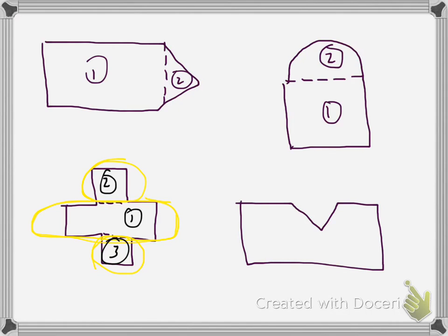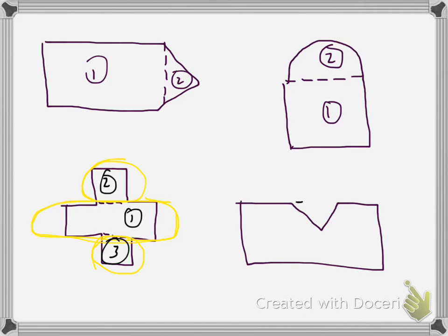Sometimes we get a composite figure like this one, where it doesn't have a little part sticking off the side of it, like some of these other ones, but it's actually missing something. Now this, we still need to see as 2 shapes, but the approach is going to be a little bit different.